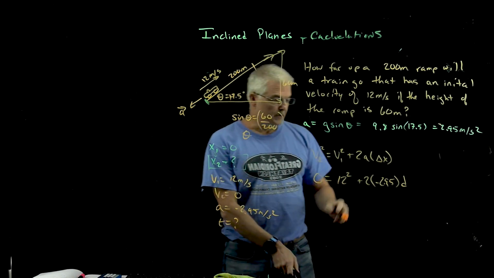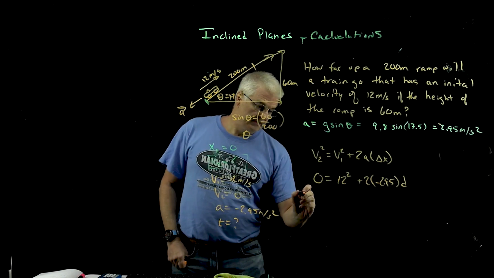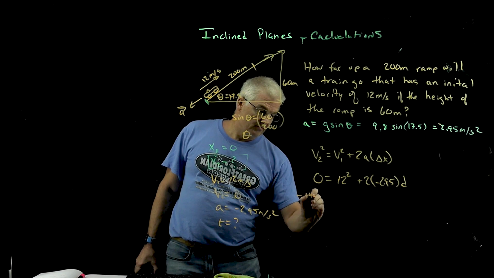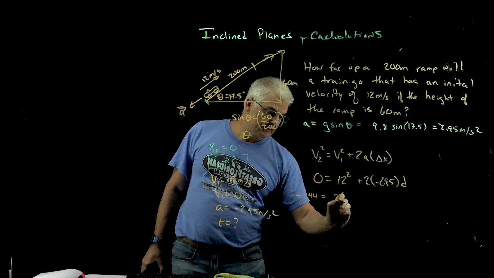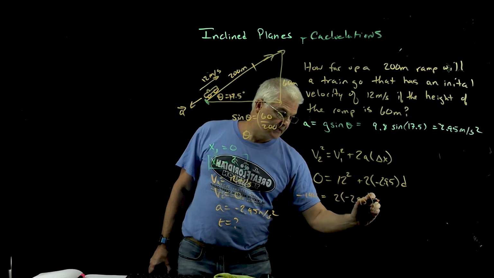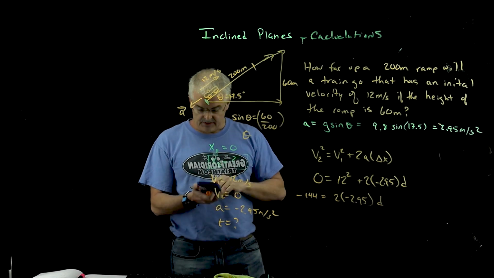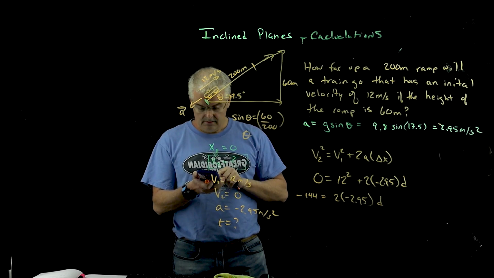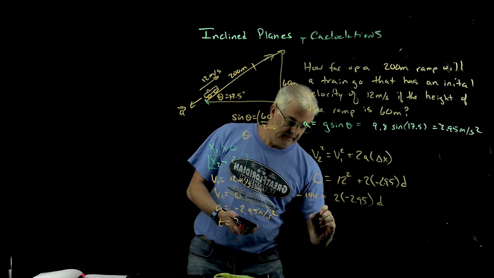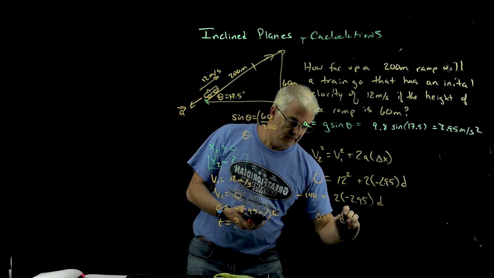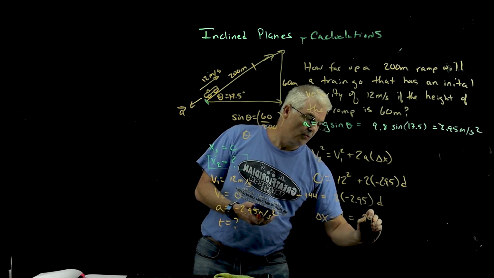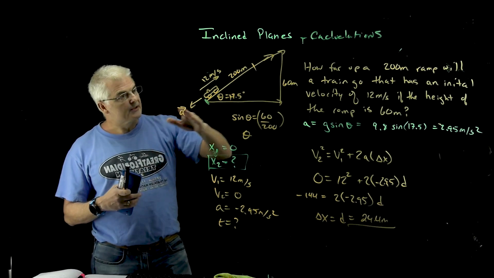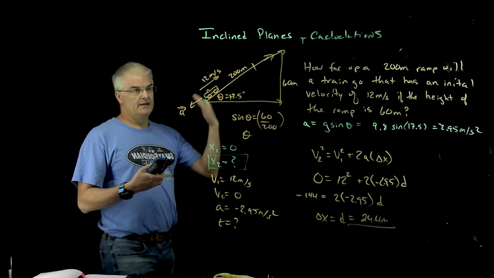So if I subtract 12 squared, I know that's 144, so that'd be negative 144 equals 2 times negative 2.95 times d. So I'm just going to solve this problem. I get d equals 24.4 meters. So it's a 200-meter ramp, it's going to travel up 24 meters, and it will stop.